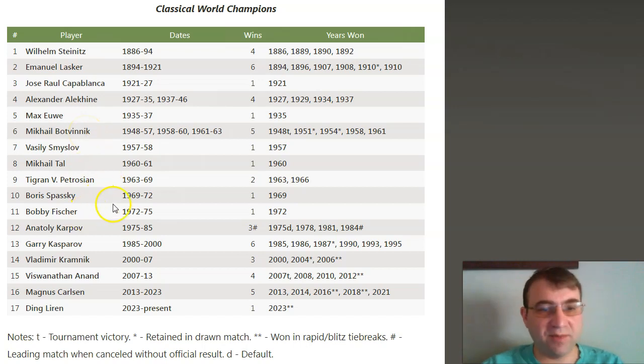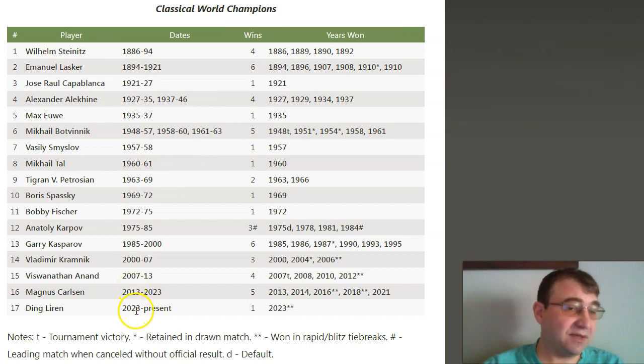We had that happen again when Bobby Fischer refused to defend his title in 1975, and then, of course, Anatoly Karpov became the world champion in 1975. We had that happen again recently when Magnus Carlsen refused to defend his title as well, and now we have Ding Liren recognized as the 17th classical world champion.